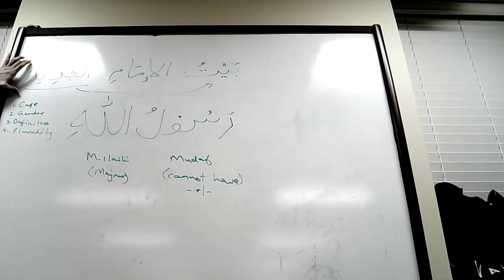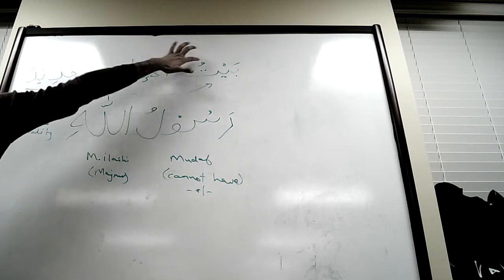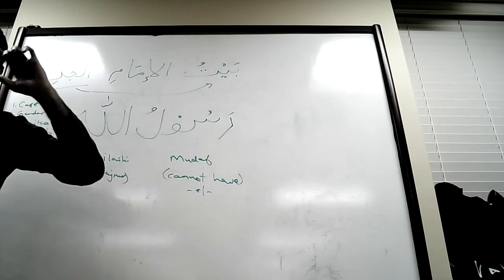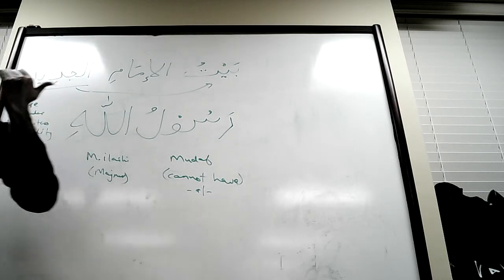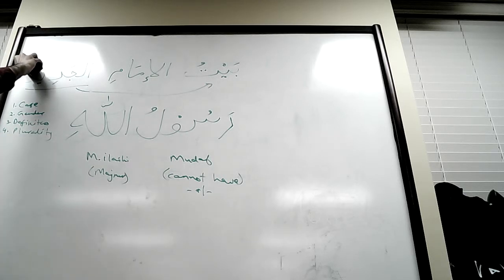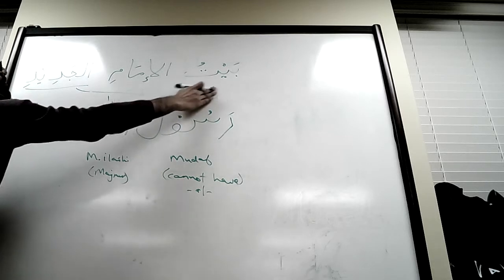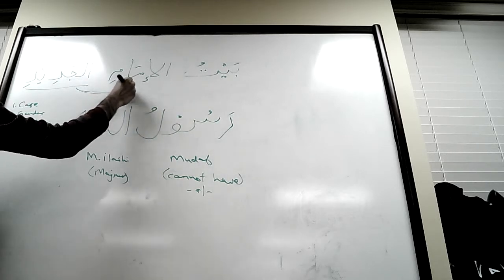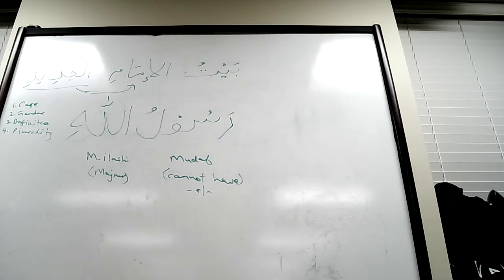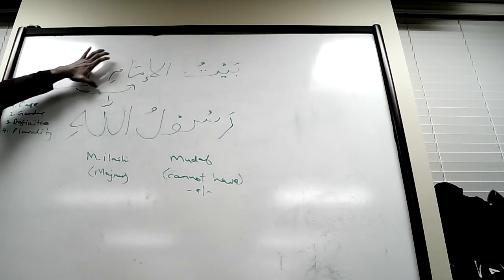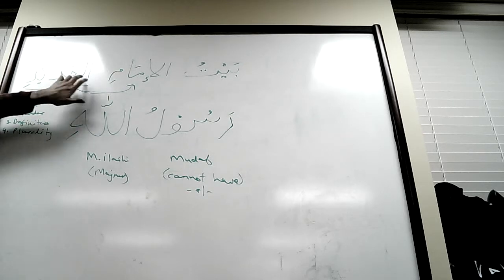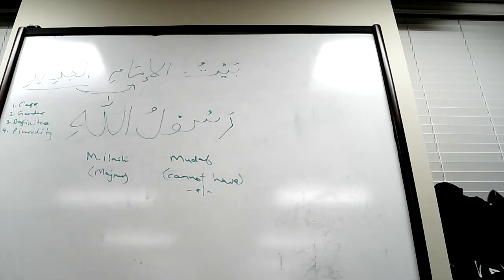When I put Al-Jadidu and it matches with Baytul, it means the Imam's new house, right? But what if I change Jadidu to Jadidi? What am I describing now? The Imam, right? So instead of describing the house, I'm going to be describing the Imam. So now I'm saying the new Imam's house. And Al-Imam, because it matches the kasra on both of them and the al on both of them and the singularity and stuff like that.